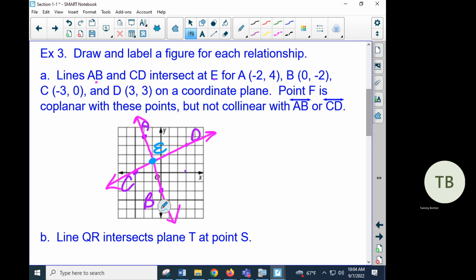Do you get that? That would mean it's not on either of those lines. So where we want to put point F is a point on this plane that's not on one of these lines. And there are many choices, right? You could put point F in this region, this region, this region, or this region. You just randomly put point F.